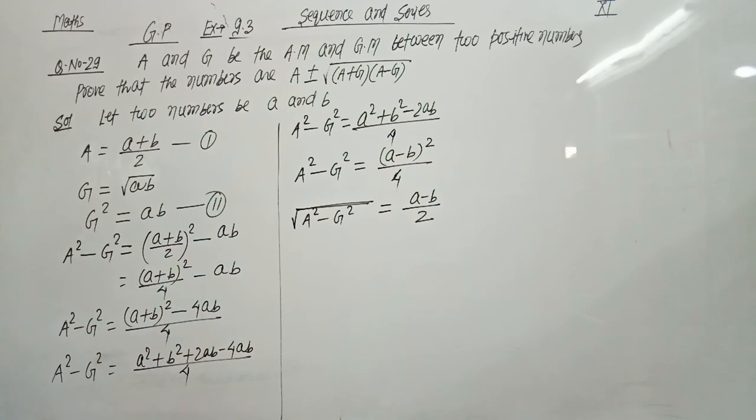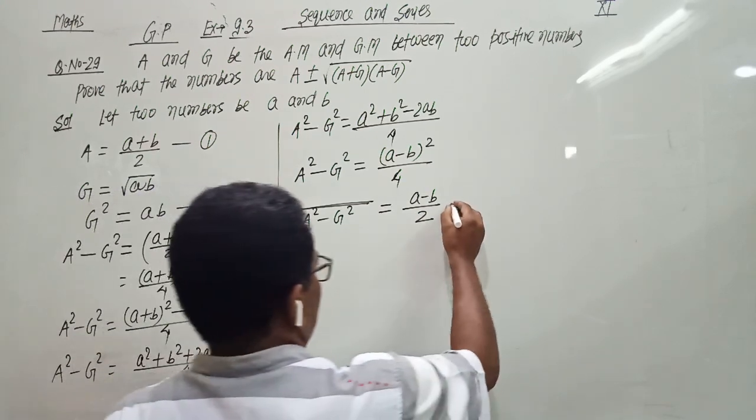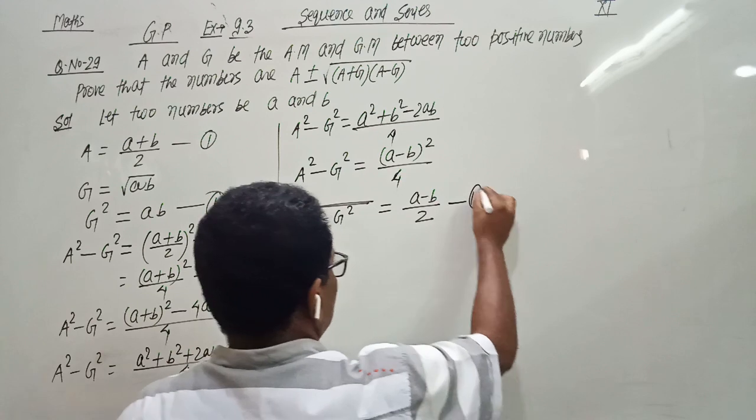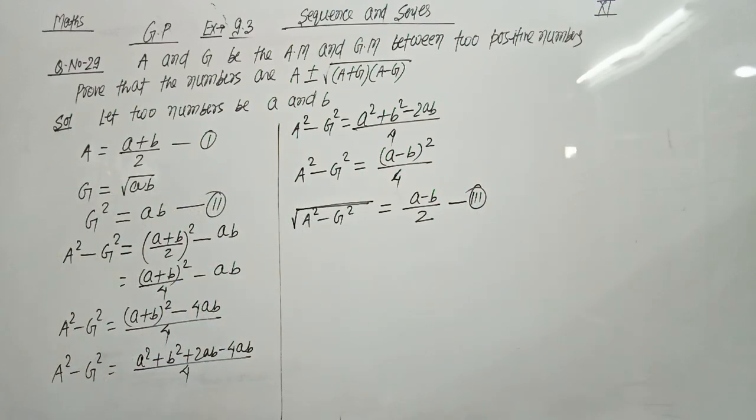The value of under root of A square minus G square equals a minus b by 2. Name it the third equation.